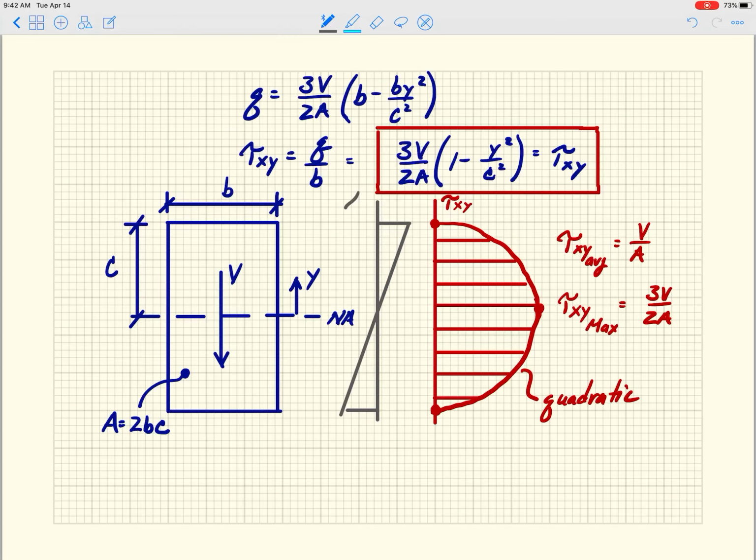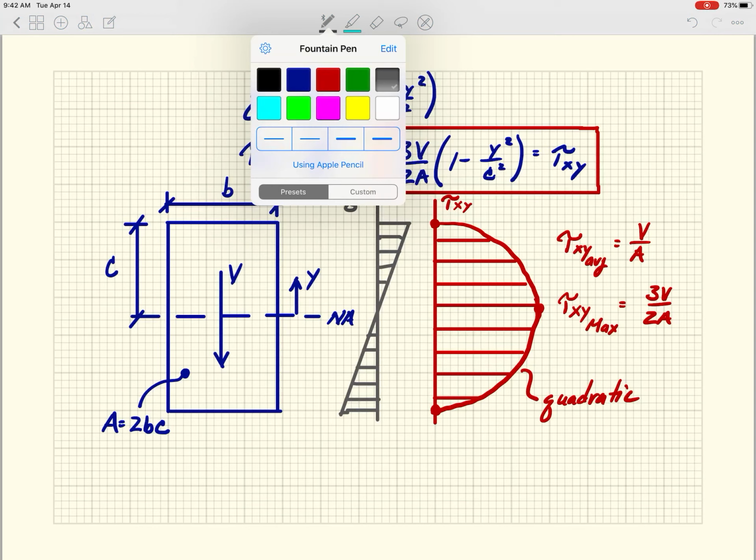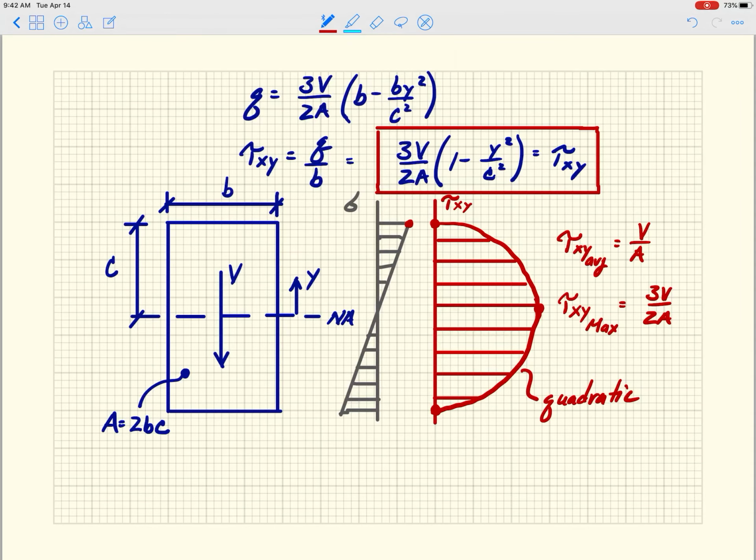So this here would be my bending stress, right? So if you look where the bending stress is a maximum, right here and right here, the shear stress is a minimum, is 0, okay?